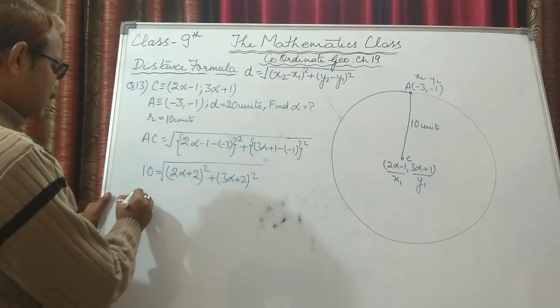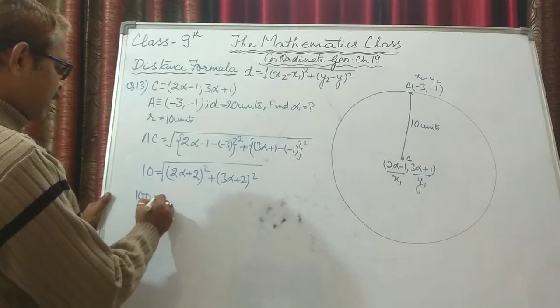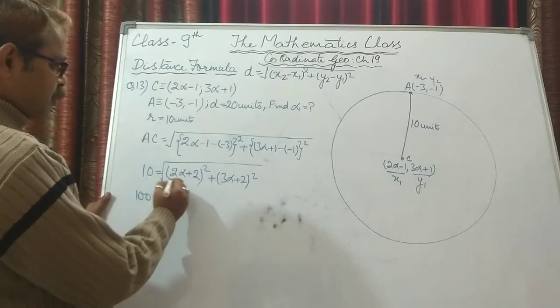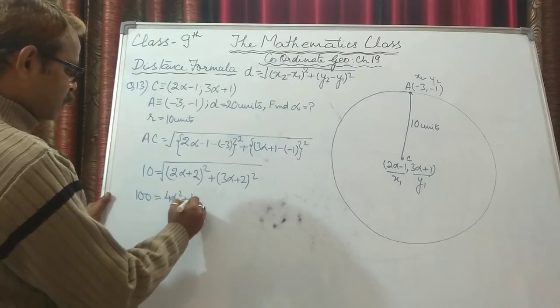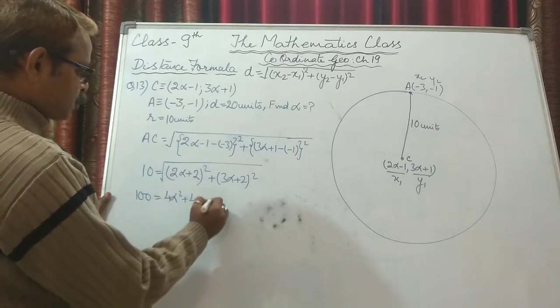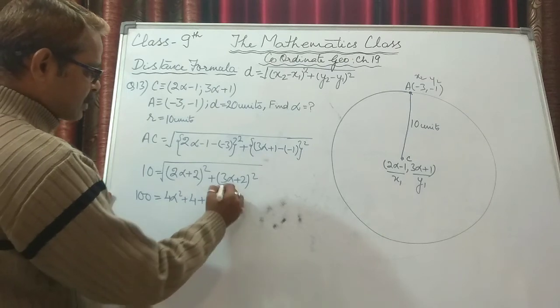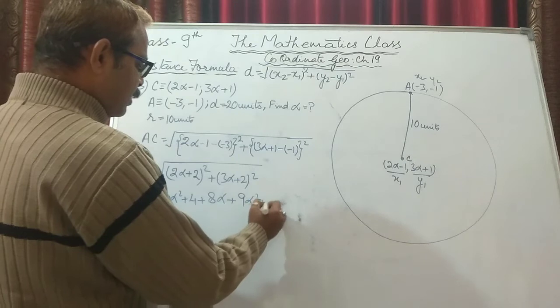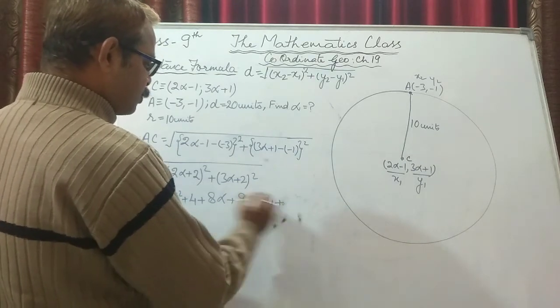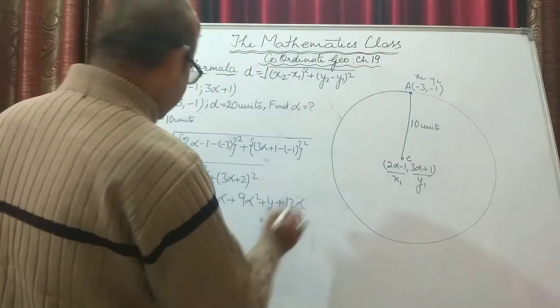Now squaring both the sides, this 10 will become 10 square, that is 100, and the root vanishes. So a plus b whole square is a square, 4 alpha square, plus b square, that is 4, plus 2ab, 2 into 4 into 8 alpha, hm, that is 8 alpha. Plus a plus b whole square, 3 square is 9 alpha square, plus 2 into 2 into 3, that is 12 alpha.